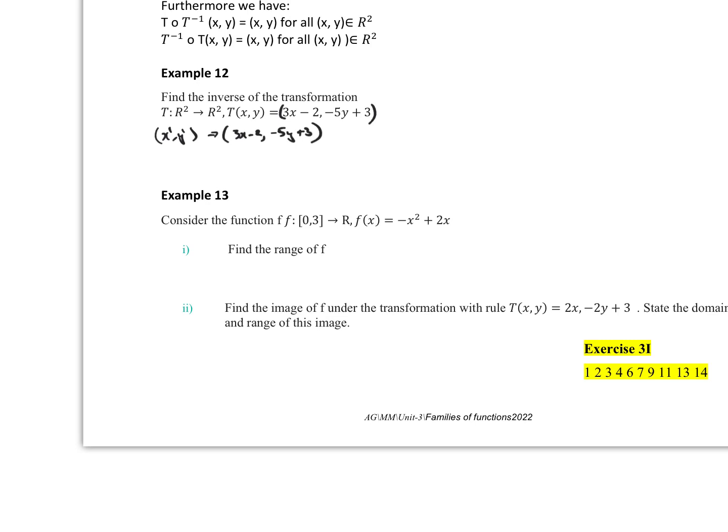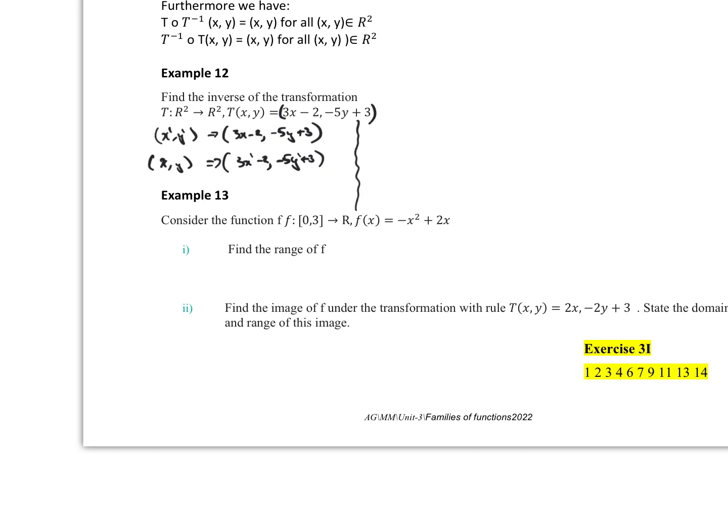That's how we normally set it up, where (x', y') represents my new function. Well, if I want to find the inverse function, let's just swap those variables around. (x, y) becomes (3x' minus 2, negative 5y' plus 3).